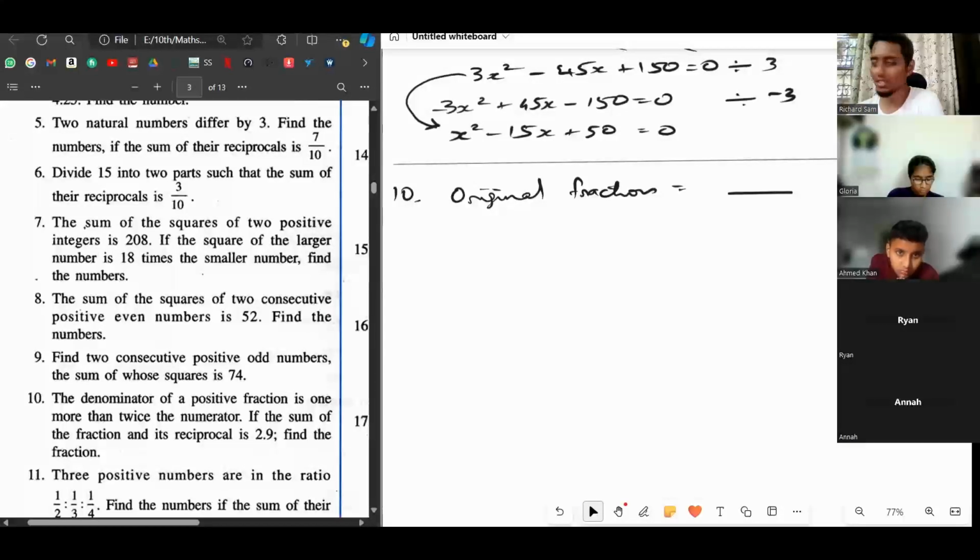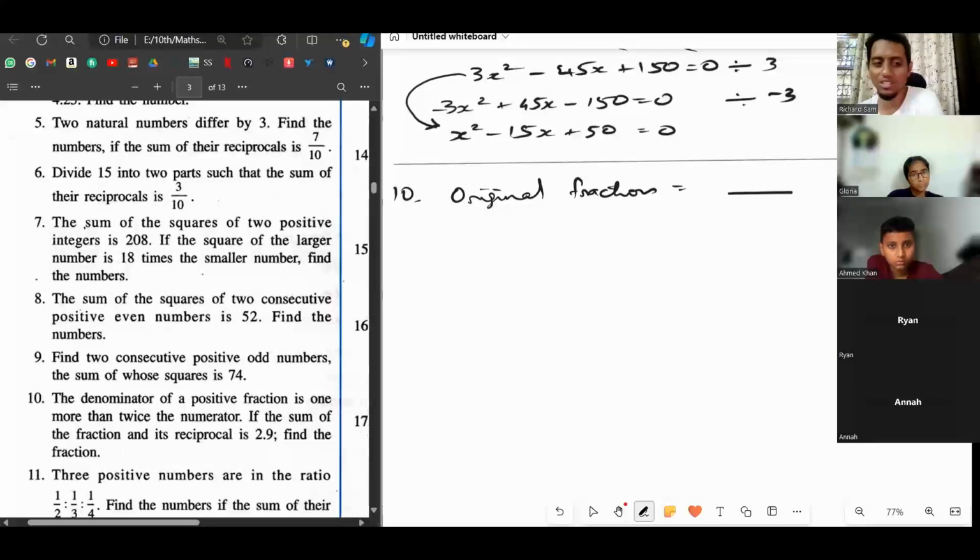The denominator is 1 more than twice the numerator. Ahmed, you're saying something? 2x.